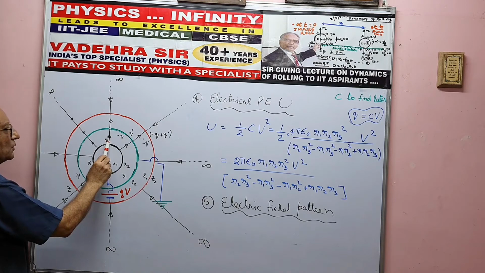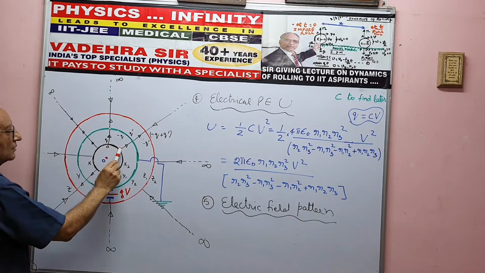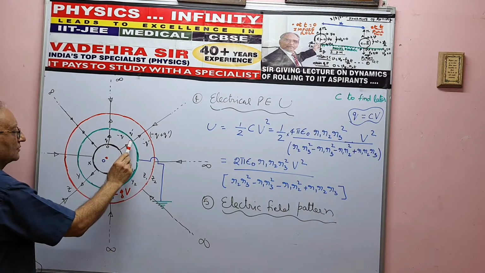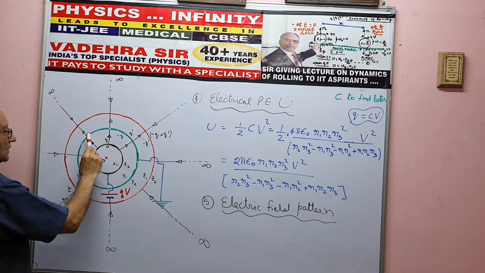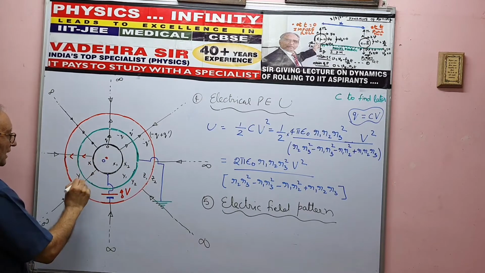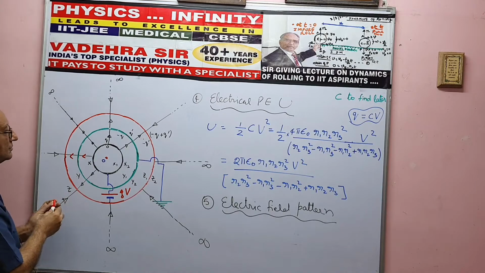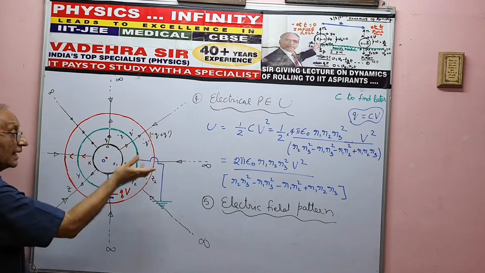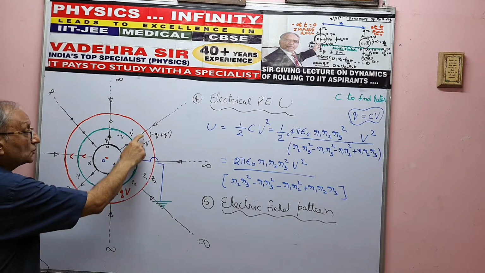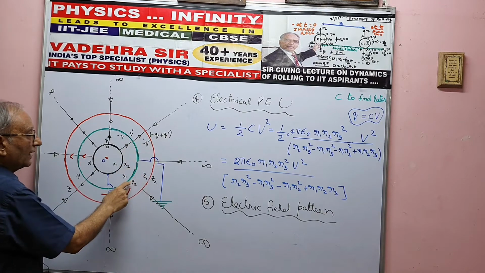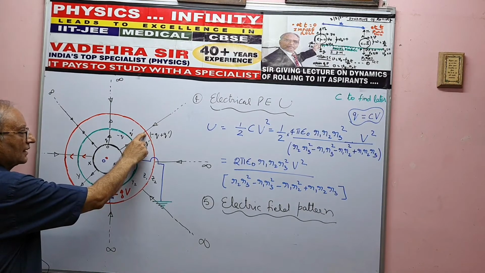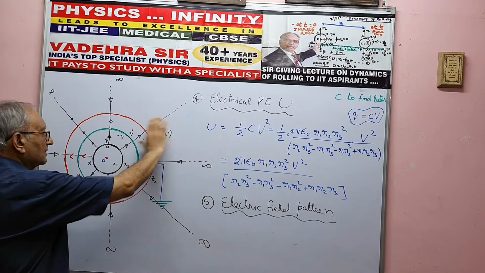Then from plus Q to minus Q, it goes, so from X2 to Y1, radially outward. Then from Y2 to Z1, Y2 has a positive charge, this has negative. So this is the field pattern.